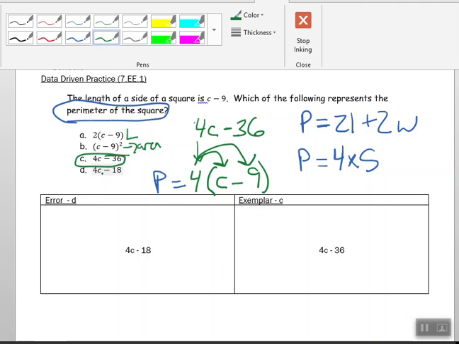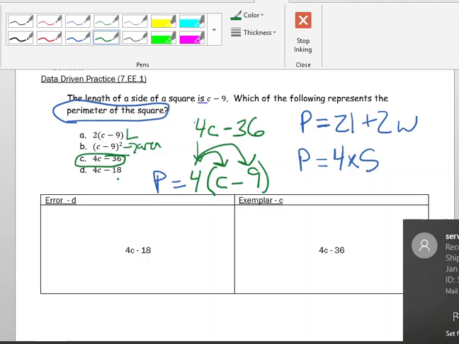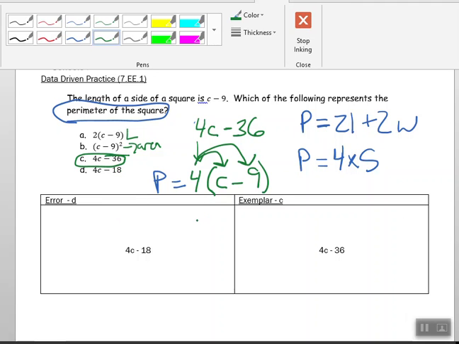And 4c minus 18, I'm not really sure what happened there, but I'm guessing the distribution of the 4 was messed up. This error was the most common error we saw on this problem, and it's just because the distribution of the 4 somehow got mixed up when we got to the 9.